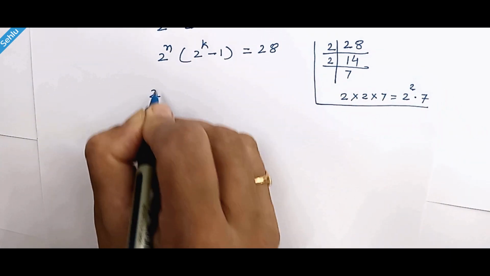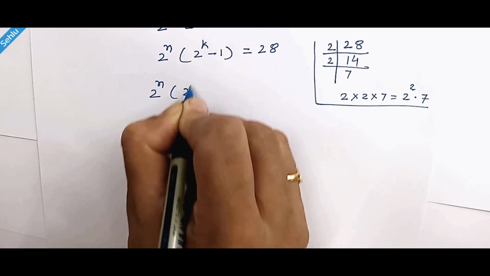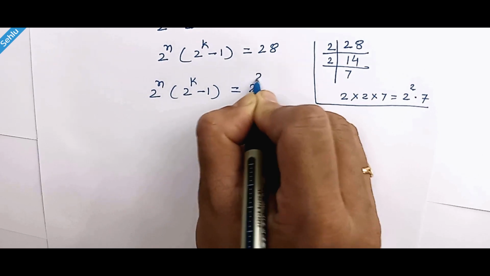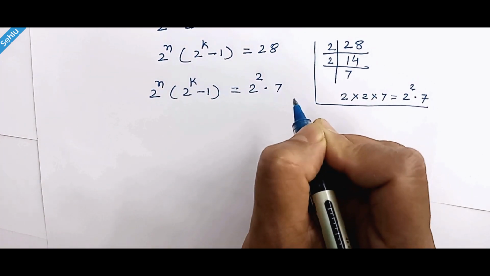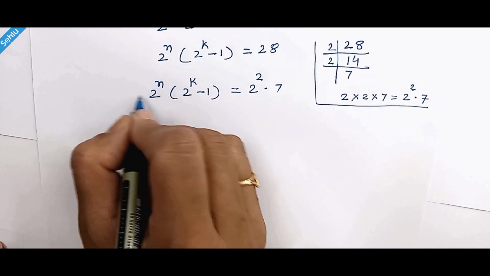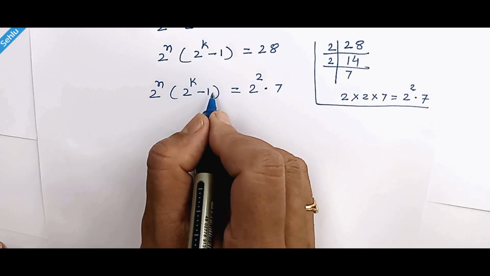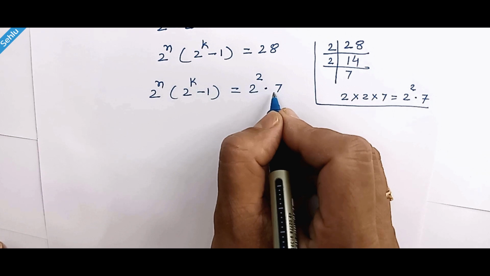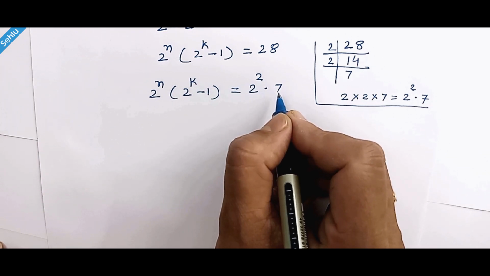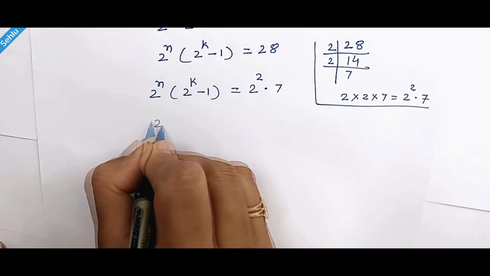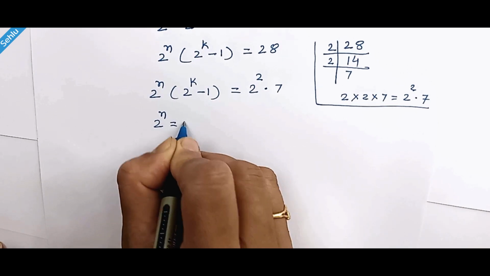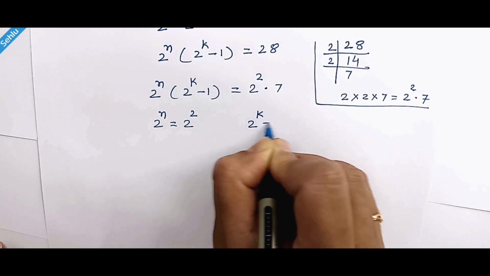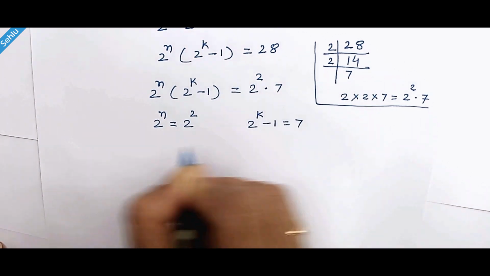So we have 2 raised to n times (2 raised to k minus 1) is equal to 2 square times 7. Here this is an even number and this is an odd number, and on the right hand side 2 square is even and 7 is odd. So we can compare accordingly: 2 raised to n is equal to 2 square, and 2 raised to k minus 1 is equal to 7.